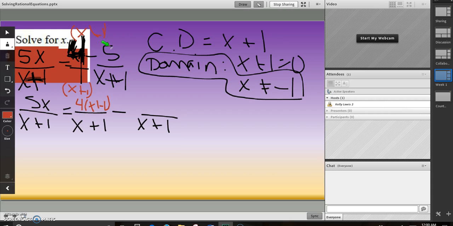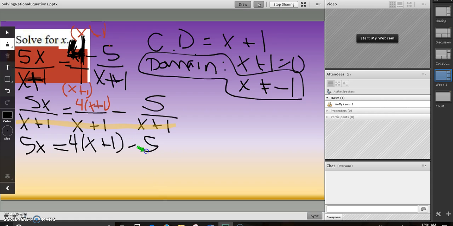And this already has x plus 1, so it's just 5. So you remember, when the denominators are all the same, they go away. So I have 5x equals 4 times (x plus 1), minus 5. So let's distribute that 4. So I get 4x plus 4 minus 5.